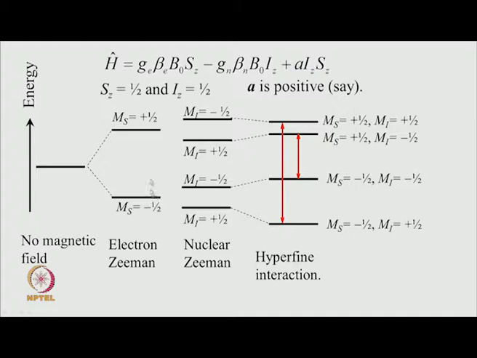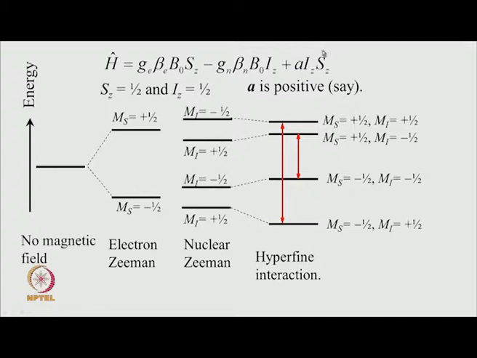Then we add the nuclear Zeeman term, that is gn beta n B0 Iz. That splits this energy into 2 for mi equal to plus half and minus half. Plus half here gives negative energy, so this is lower energy. Similarly, here minus gives higher energy. Okay. So, these are the nuclear Zeeman terms added here.